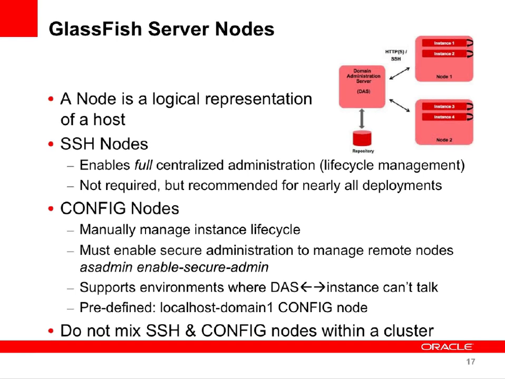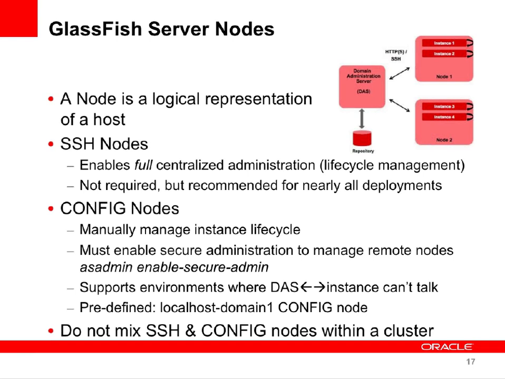And another recommendation, this isn't a requirement in any way, but I recommend to not mix SSH and config nodes within the same cluster. The reason is, for example, some commands like start cluster expect all the nodes to be SSH nodes, so that typically with clustering you have all your instances on remote hosts, and your DAS is perhaps on your local host that you're running the command from.